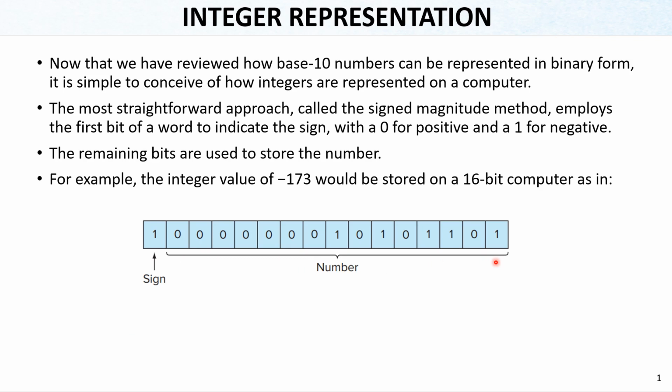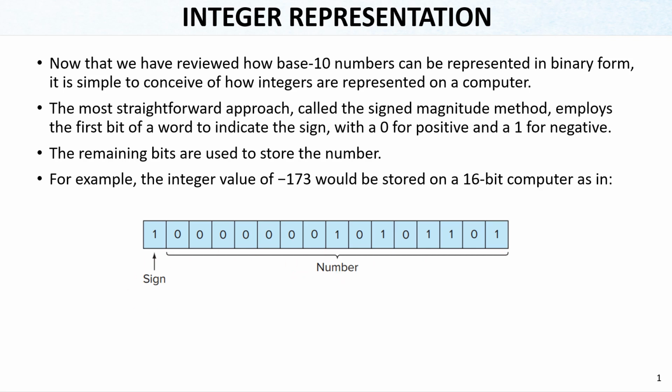The numbers are defined as 0s and 1s as well. We start from 2 to the power 0 here and increase it by 1, 2, 3, 4, etc., and sum them all to get the final value. This example is representing 173 with a minus sign at the beginning, and it's a 16-bit computer because we have 16 bits here. The 15 bits are for the number, 1 bit for the sign.